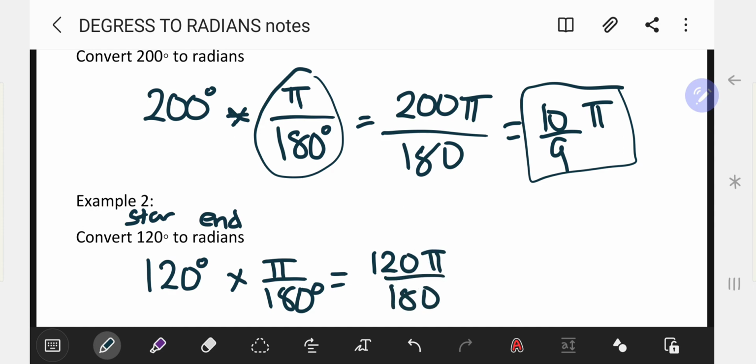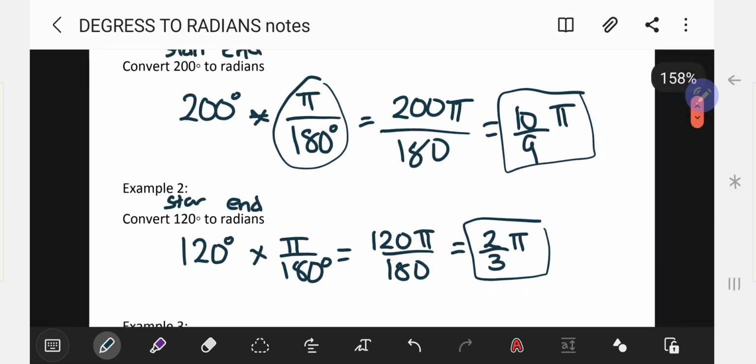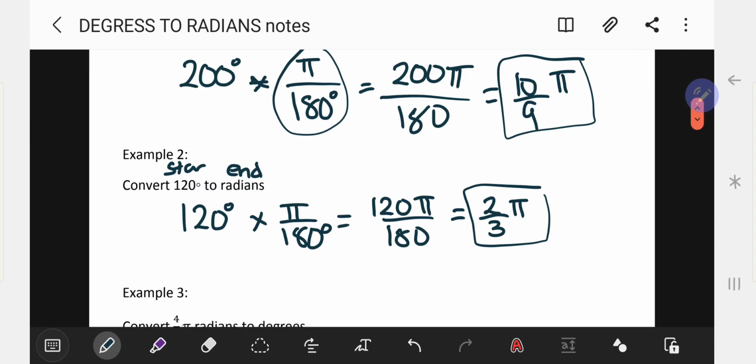But again, knowing that we can simplify that fraction into a much smaller fraction, which is going to become 2/3 pi. So 120 degrees is equal to 2/3 pi. Okay. Hopefully you're getting the hang of it. Make sure that you're reaching out to me on Remind if you're a little bit confused about something specific.